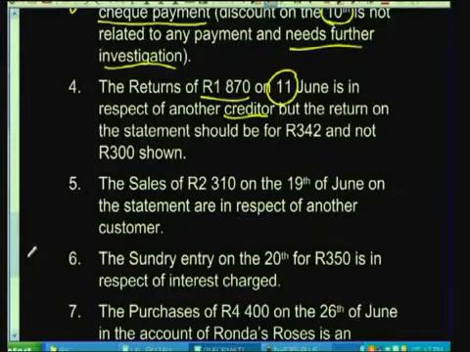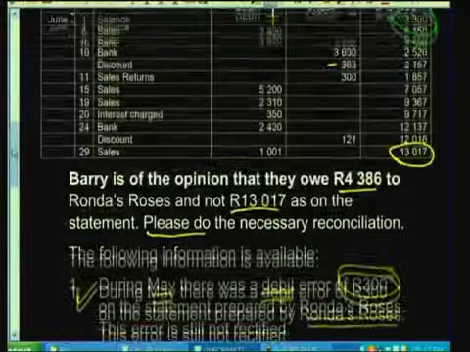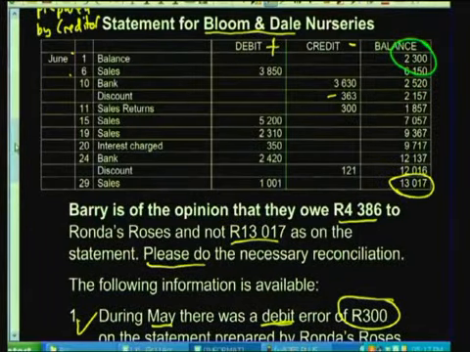There's a second part of this question, though, and that second part says that the return on the statement should be for 342 Rand and not the 300 Rand shown. The return on the statement. Where's the statement? Well, look over here. Here's the statement, and they say that this return on the 11th should not be for 300 Rand.